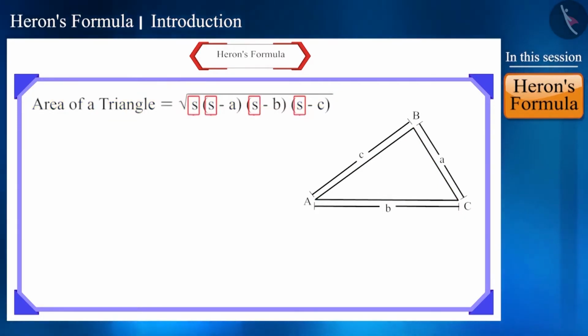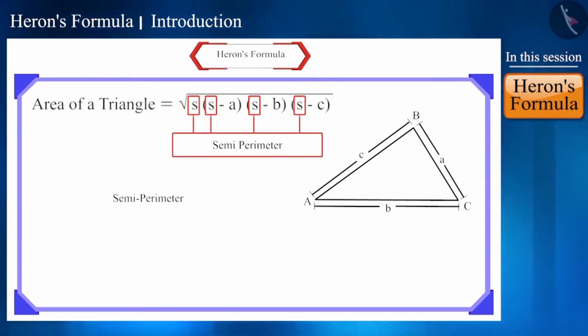Let's try to understand the given terms in Heron's formula. In this formula, s represents the semi-perimeter of the given triangle, whose value is obtained by dividing the perimeter of the triangle by 2. If the lengths of the sides of a triangle ABC are a, b and c respectively, then its semi-perimeter is s equals a plus b plus c divided by 2.